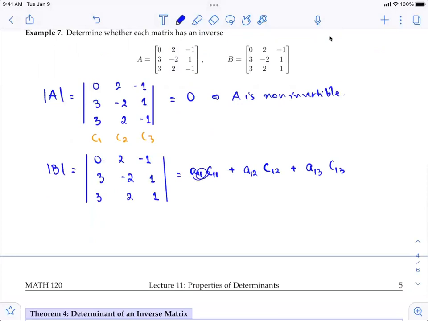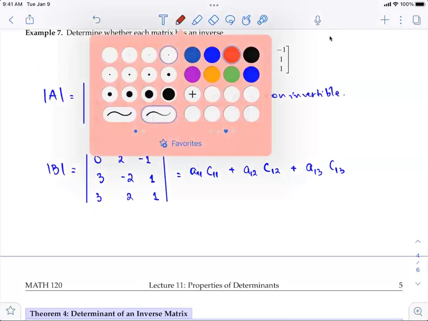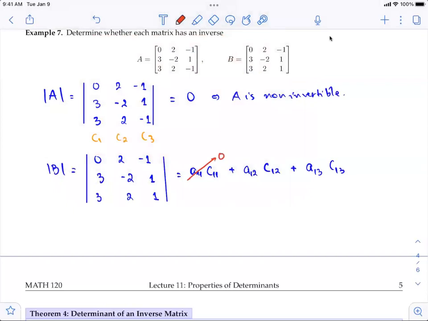And this first term is going to be equal to 0 because A11 is equal to 0. Right. Now, for A12, C12, A13, C13, we need to do the calculations. Let's take a look at the sign pattern for C12 compared with the minors: plus, minus.